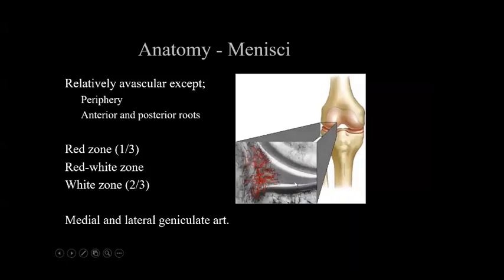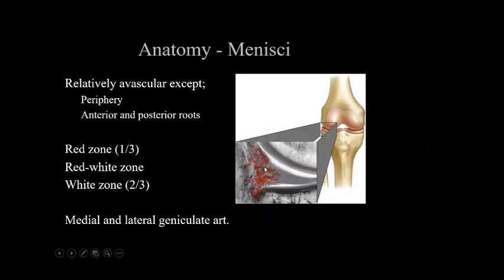It is quite important to understand this concept of the histology of the meniscus, because tears involving the red zone of the menisci are often treated conservatively because of the healing potential. Because they are vascular, they are likely to heal.